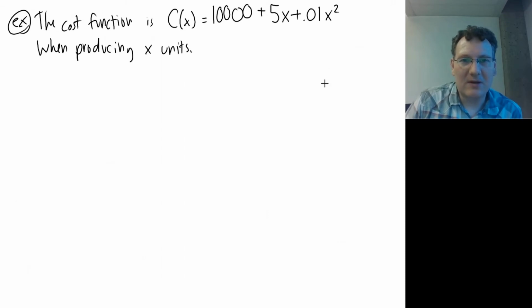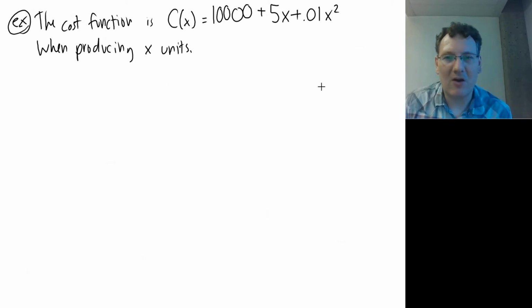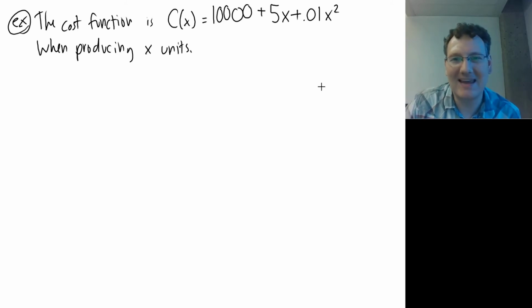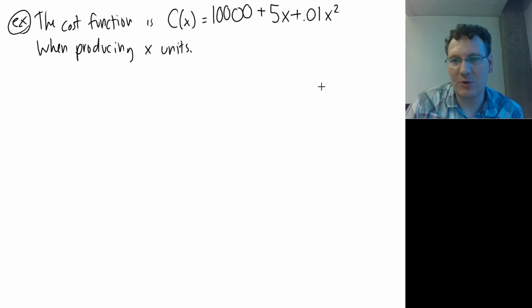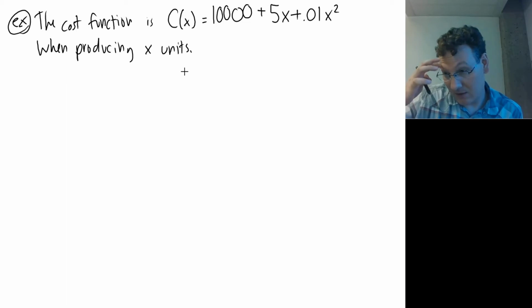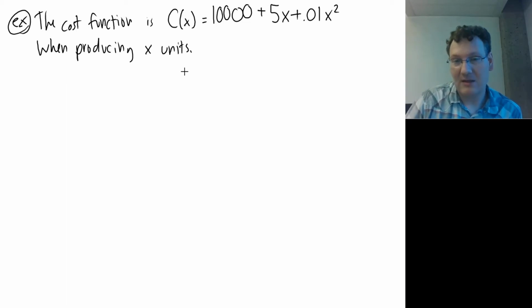Okay, so let's consider an economic problem where you have a cost function. When you're producing x units, the cost is going to be 10,000 plus 5x plus 0.01x squared. So we might want to know what is the marginal cost. The marginal cost is how much each additional unit costs at a given time.